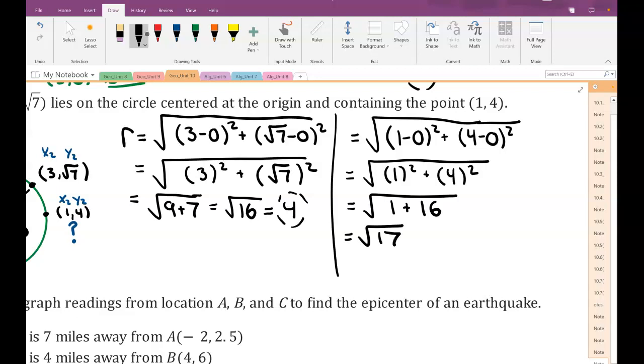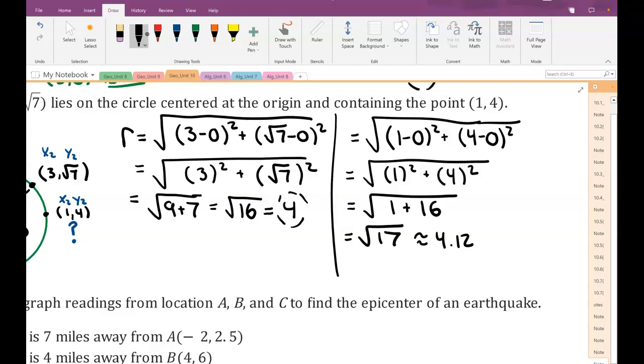I already know it's not going to be 4. We want to be exact. Square root of 17 is about 4.12. So these two distances are not equal to each other. Even though they're close, they have to be exactly the same for it to be on the circle.